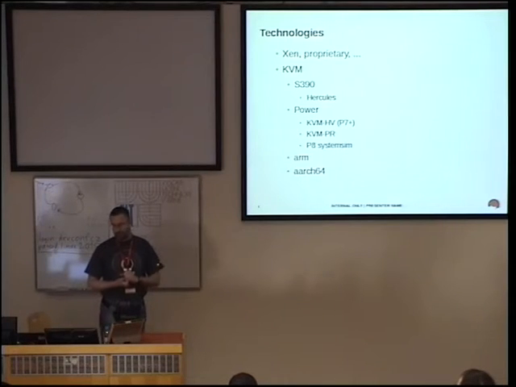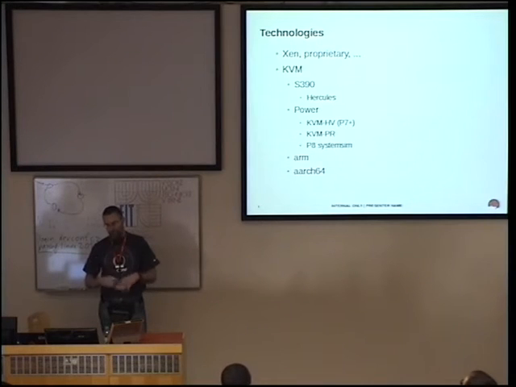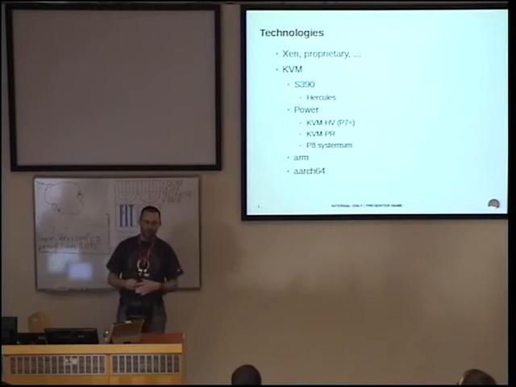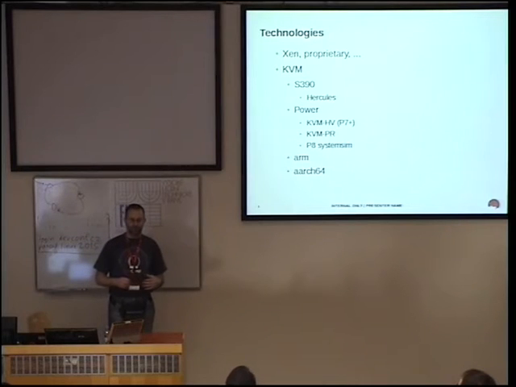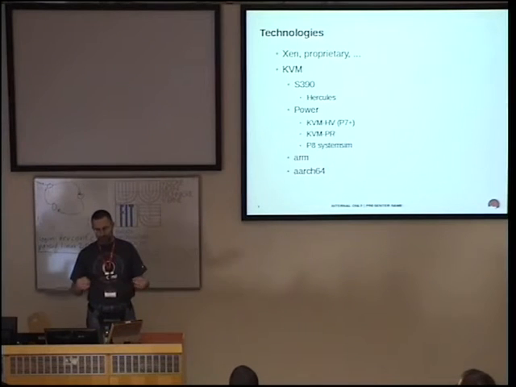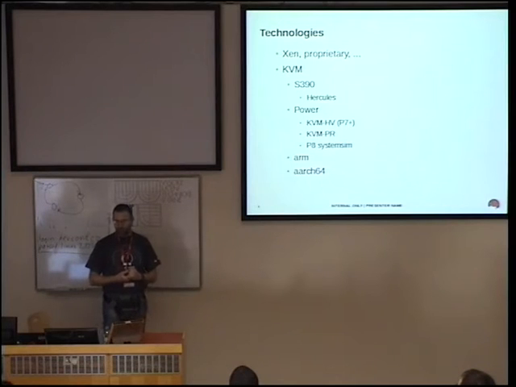So this KVM PR is emulating the machine as a user process, which means that it has to emulate all the privileged instructions inside the process, which means it is slower, but it is still KVM, and you can build on the same stack on top of that.